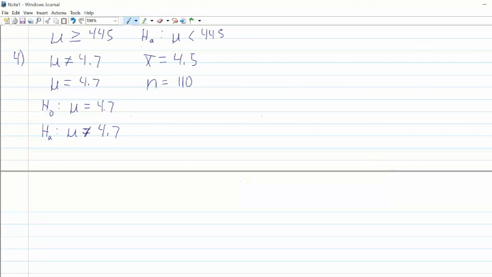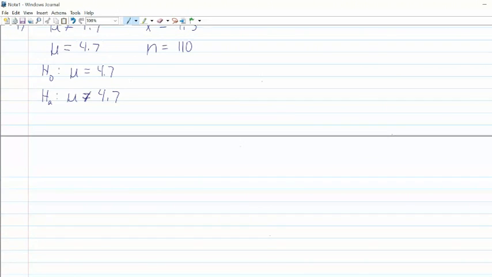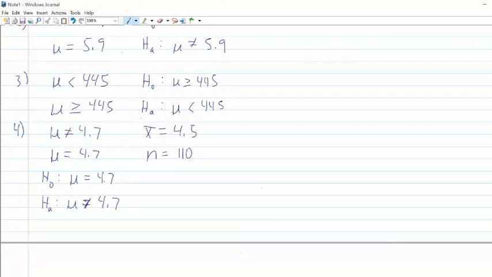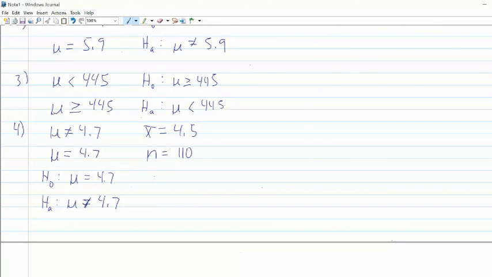And we were given that the population variance is equal to 0.64.